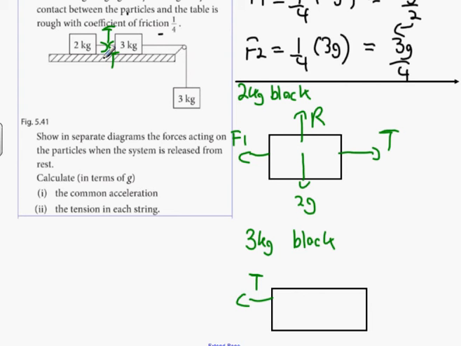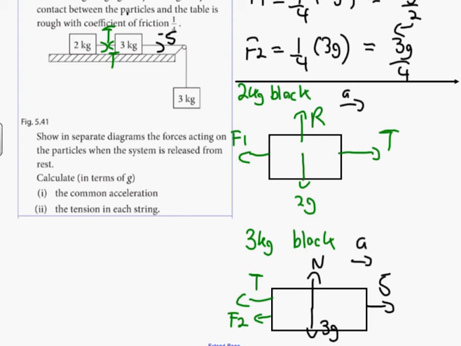So the only force that affects it from the 2 kilogram particle is the tension. What also happens at the 3 kilogram block is F2, friction working to the left against it, and the tension S working to the right, causing it to move right. It has an overall acceleration of a to the right. Its N value is in complete balance with its 3g acting downwards. And that's your system there.